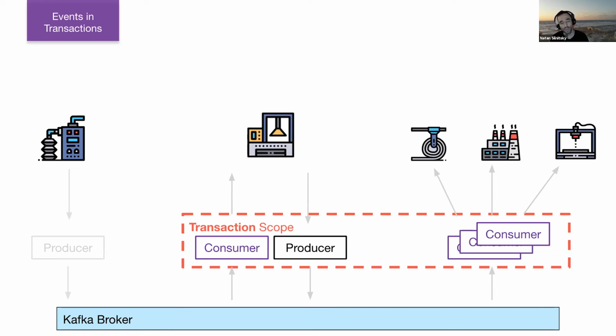Now, for the rest of the streaming here, of the event processing, including the consumer and the producer in the middle, and then the downstream consumers, you can actually set up a Kafka transaction. I don't want to get into too much detail because it's too broad a theme, but you just set up a Kafka transaction, and then the downstream consumers will only consume messages from transactions that have been completed.